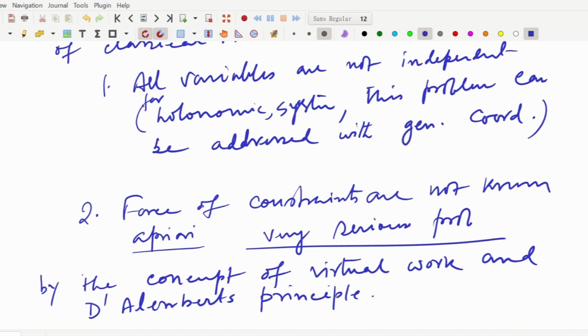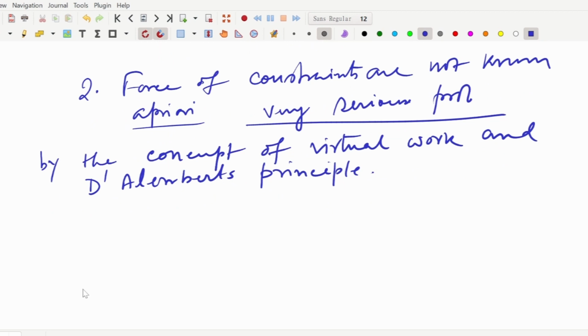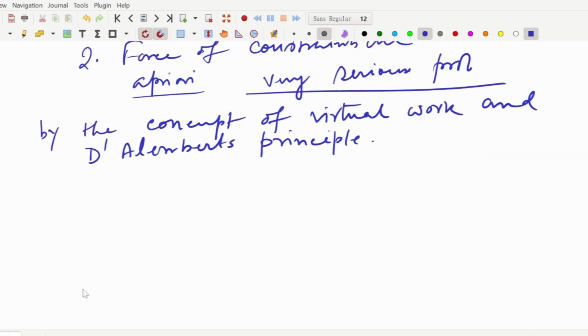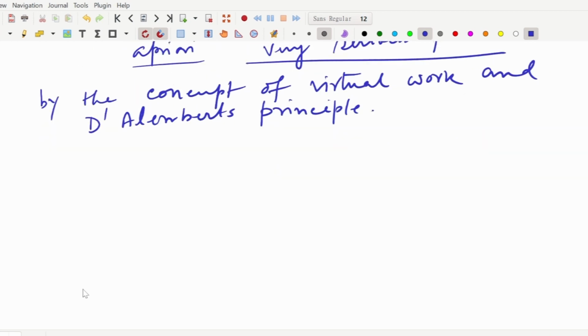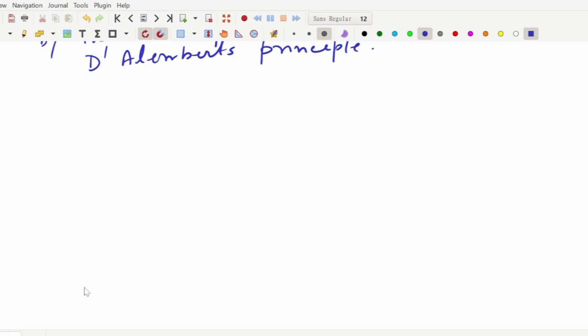Today's class will mostly focus on what virtual work is, what virtual displacement is, and all these concepts. These are a little bit conceptual, so maybe we'll teach today, then repeat again, and also discuss this in the tutorial class. So let me define virtual displacement. The definition of virtual displacement.